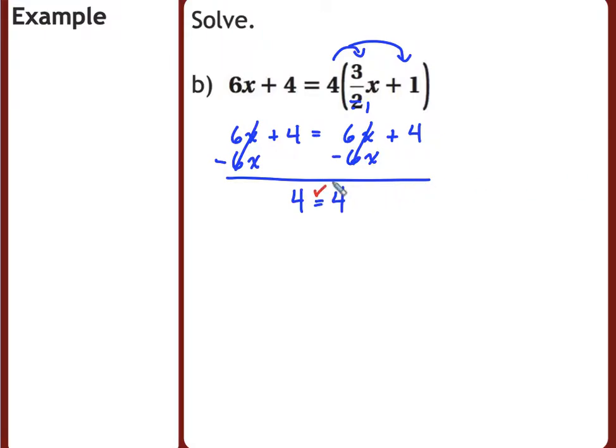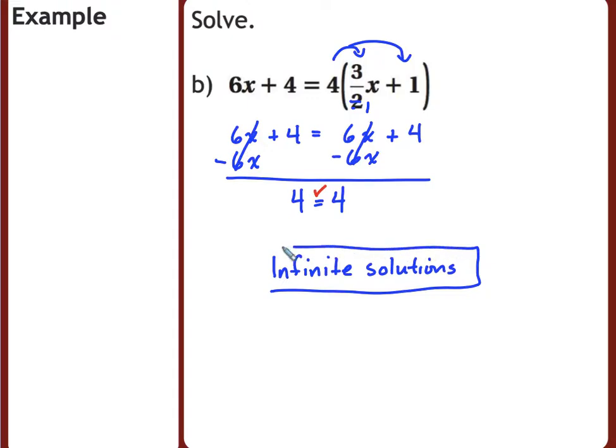So 4 is always equal to 4, no matter what I put in for x. I could put in any number that I want. I will always get expressions that are equal to each other. So in this case, I have an infinite number of solutions. So you just write infinite solutions. That means no matter what I put in for x, I will get a true statement.